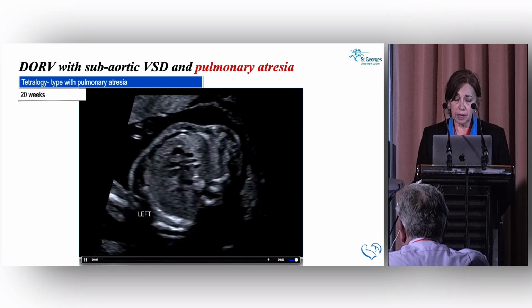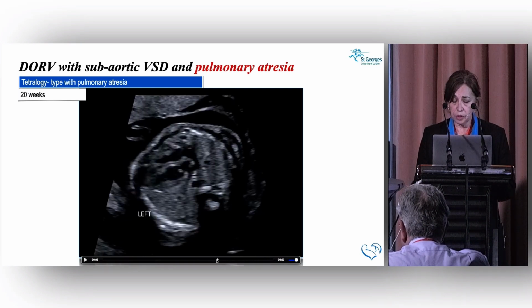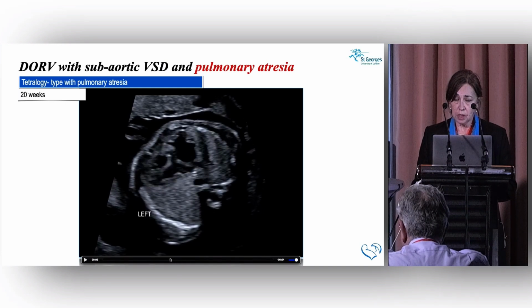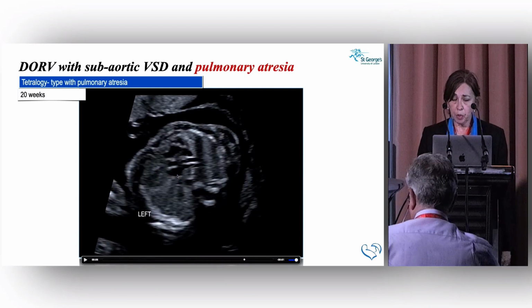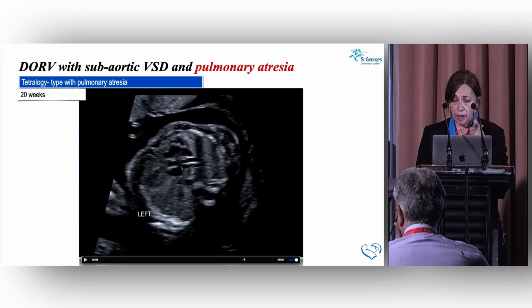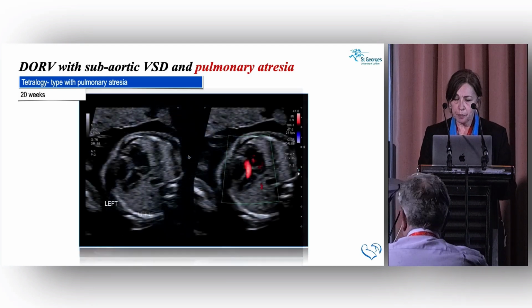You can see them here, and the three-vessel view is completely different. So this is subaortic VSD and pulmonary atresia. Here you have the right pulmonary artery going there, and the left here. Your three-vessel view is very messy in a way.